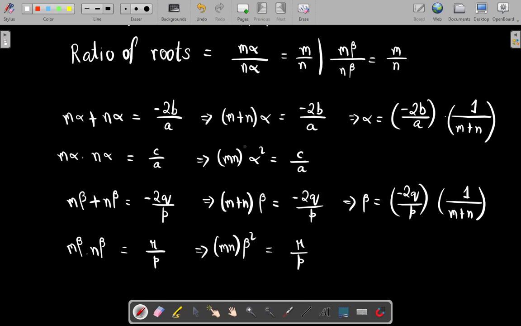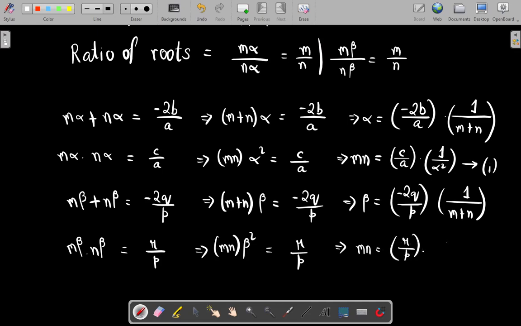From mnα² = c upon a, the value of mn becomes c upon a times 1 upon α², right? Let me call this equation 1. And here mn will again be equal to r upon p times 1 upon β².